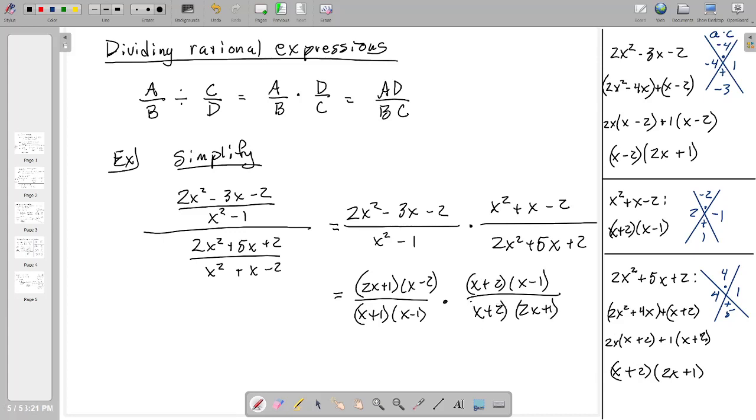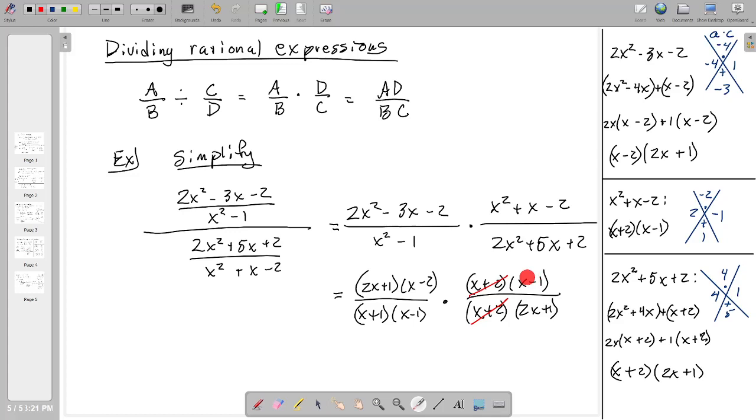Now this time, I'm going to cancel what I can. You can even cross cancel here. Because we're multiplying straight across, I can cancel things that are in the denominator of the first fraction and the numerator of the second, or vice versa, the numerator of the first and the denominator of the second. Here, x plus 2, they're both in the same fraction, so they can cancel very nicely.